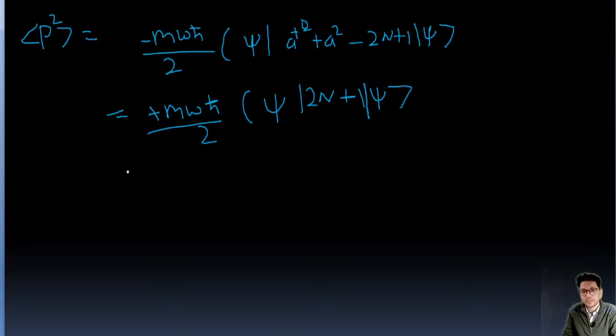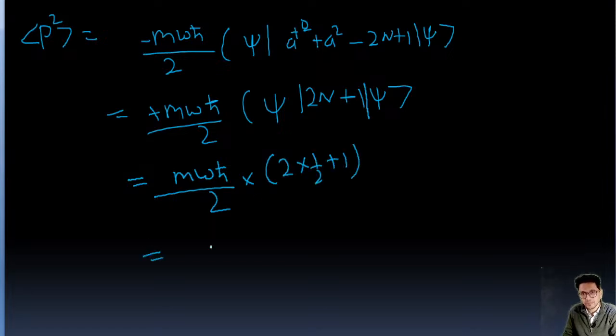So after operating, this is going to be mω ħ/2, and we know the value of n is a†a, right? So after solving, this is going to give 2 into 1/2 plus 1. So this value is going to be mωħ. So the expectation value of p squared is this, right?